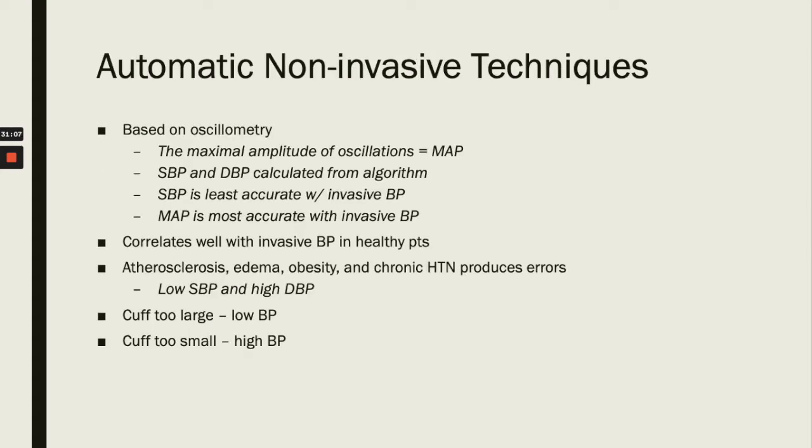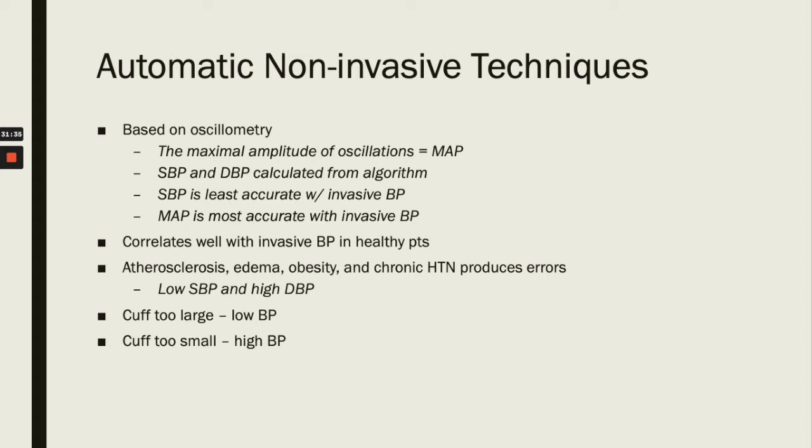All right, so automatic non-invasive techniques. It's based on oscillometry, and so the systolic and diastolic pressures are calculated by various proprietary algorithms specific to that individual device manufacturer, and the maximum amplitude of oscillations will equal the MAP.